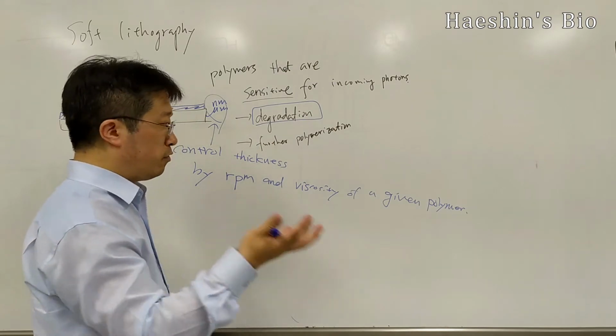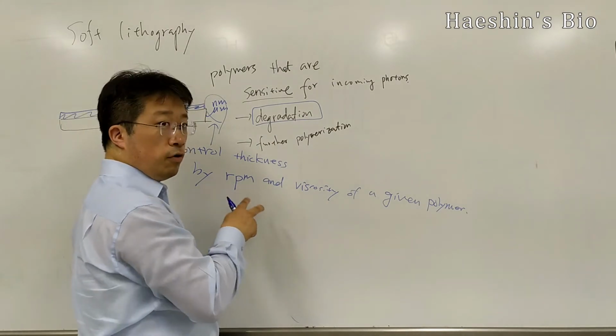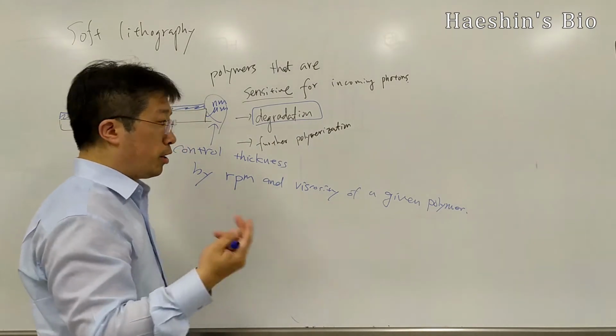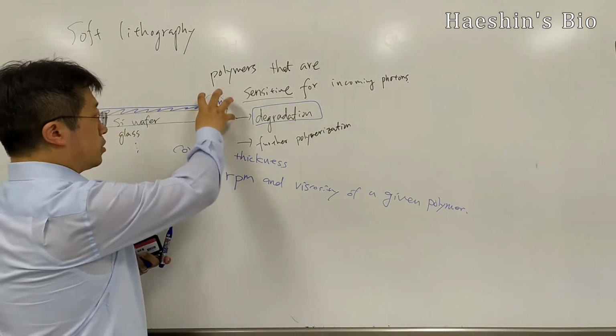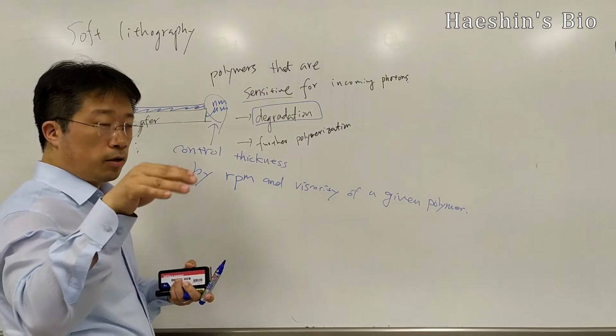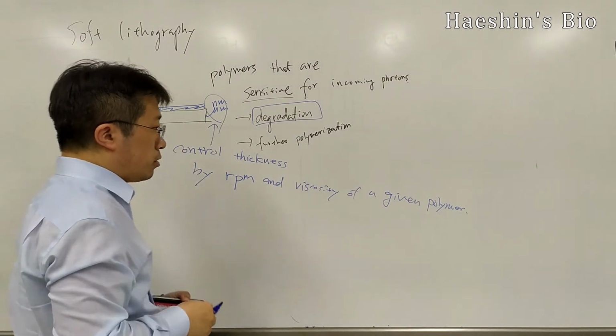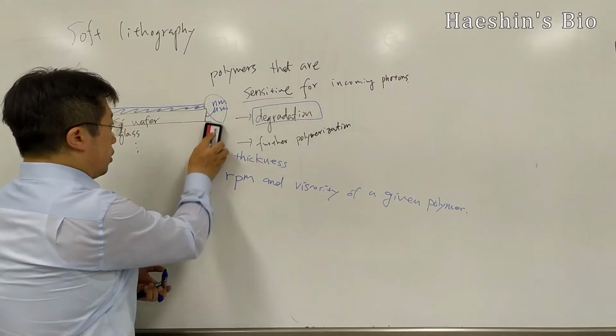So for a given polymer, the thickness is a function of viscosity and also of the RPM rotating the whole system. So you can control this thickness from nanometers to micrometers. Okay, then I'll delete this, by the way.